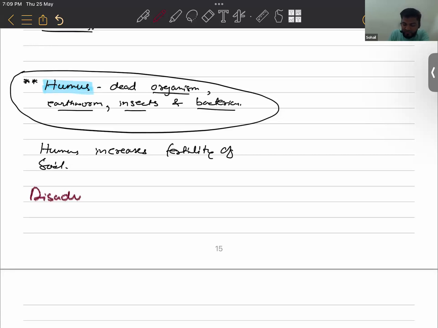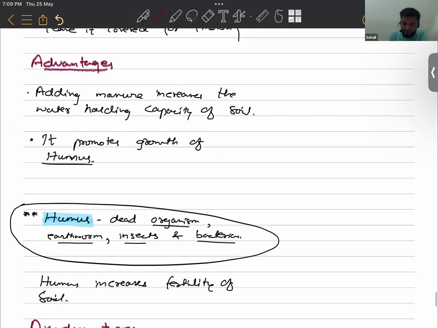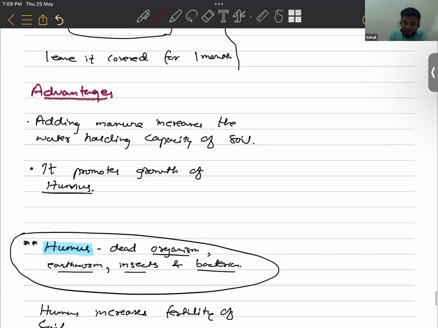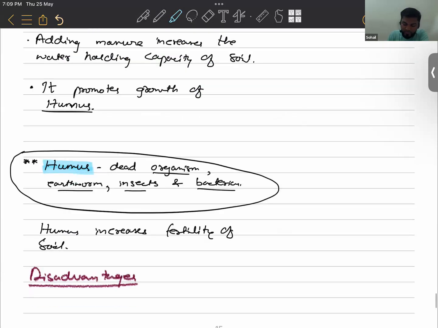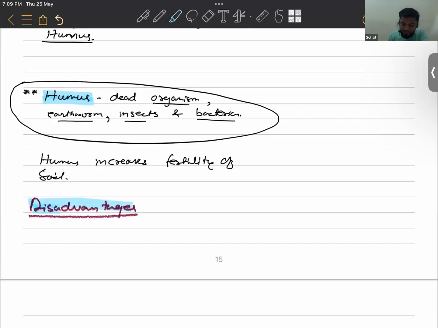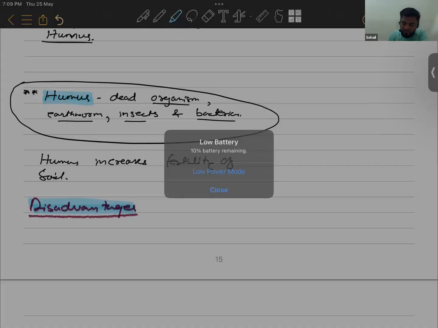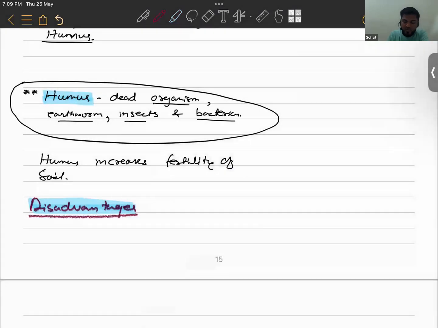Now, can you think of some disadvantages of using manures? Yes, Mufaz, think of some disadvantages of using manure. What could be the disadvantage of using manure?